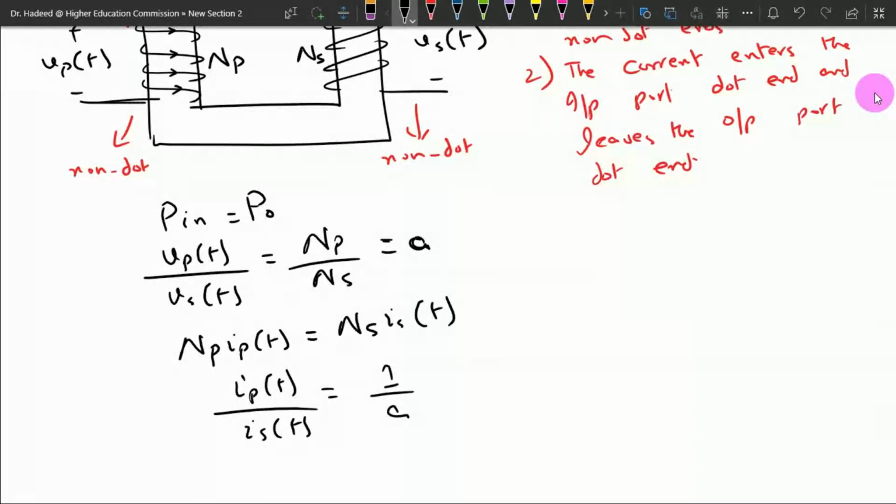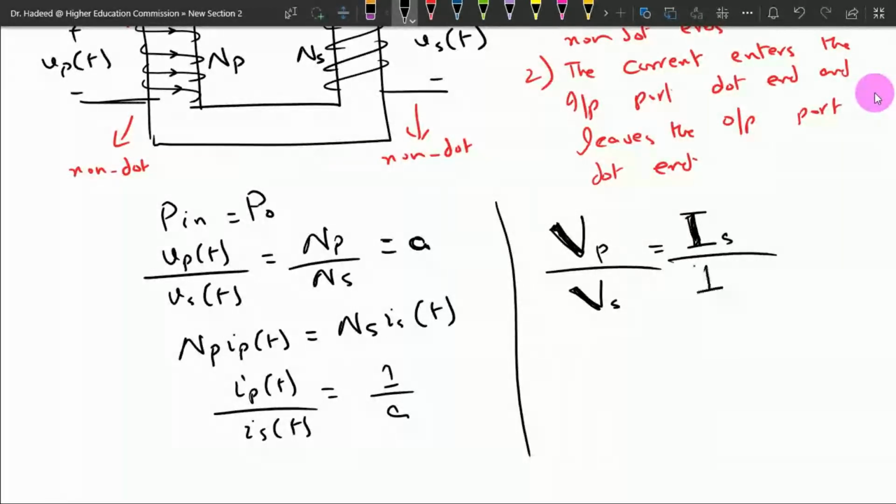And in terms of the phasors, this VP over VS is equal to IS over IP, and that is equal to a, where a is equal to NP over NS. What does this mean?